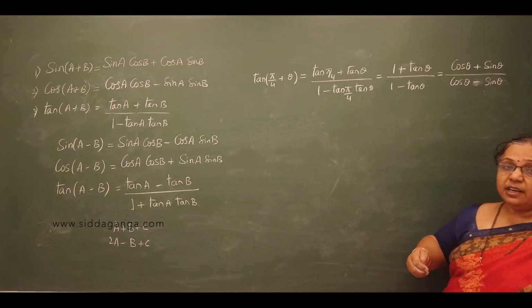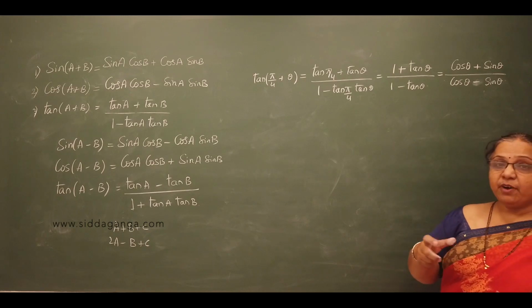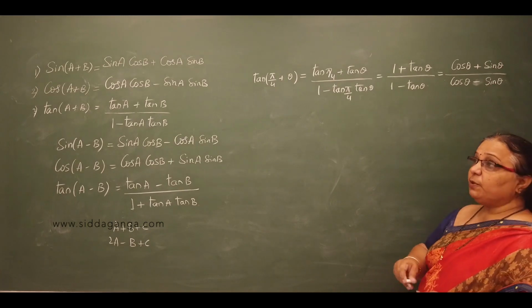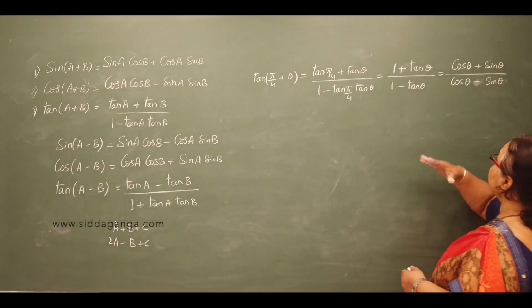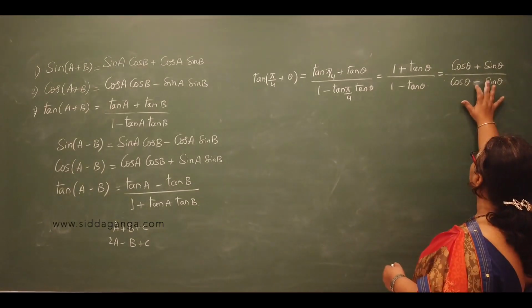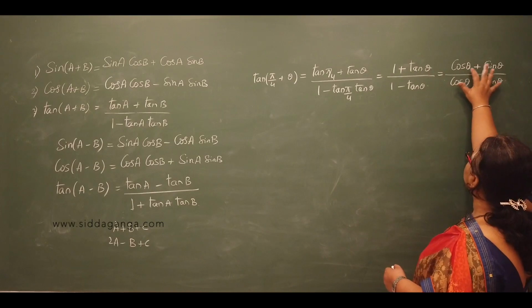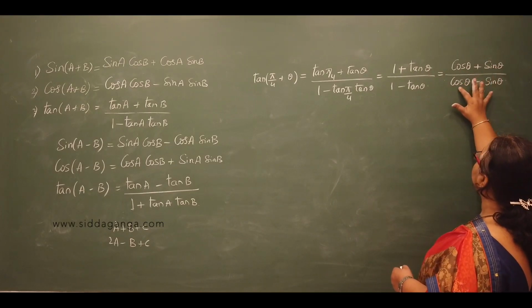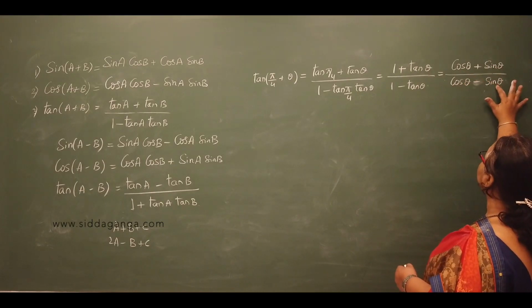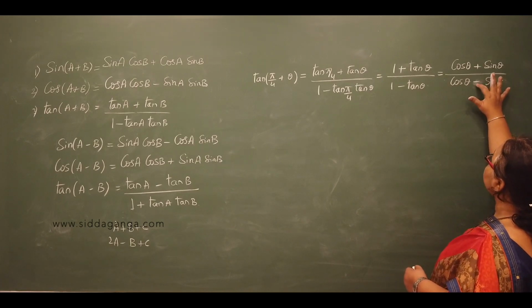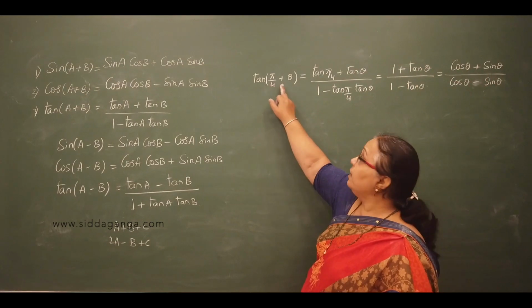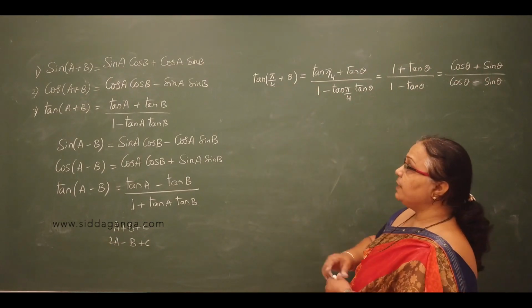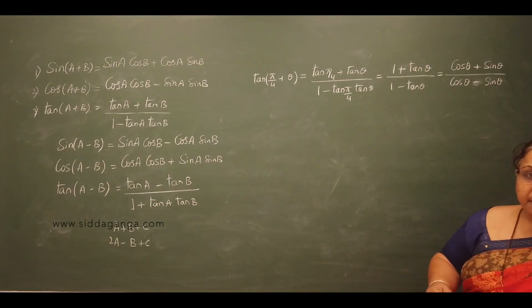So while simplifying problems, if you have a function of the form cos theta plus sin theta divided by cos theta minus sin theta, we can directly express it as tan of pi by 4 plus theta. So it becomes very easy to solve the problem.